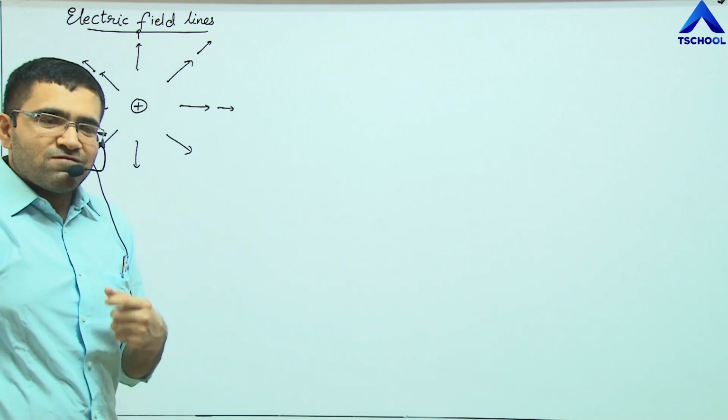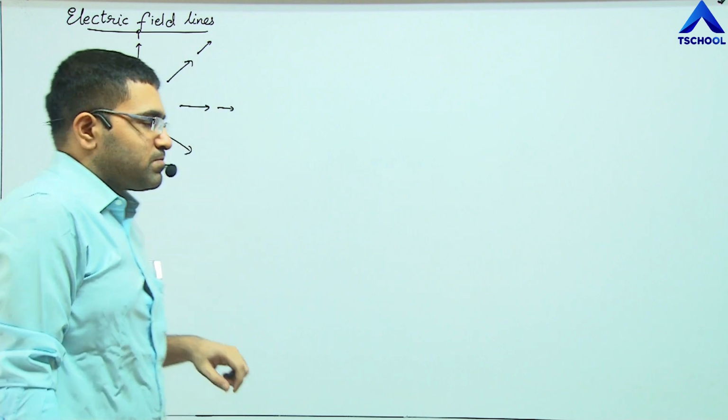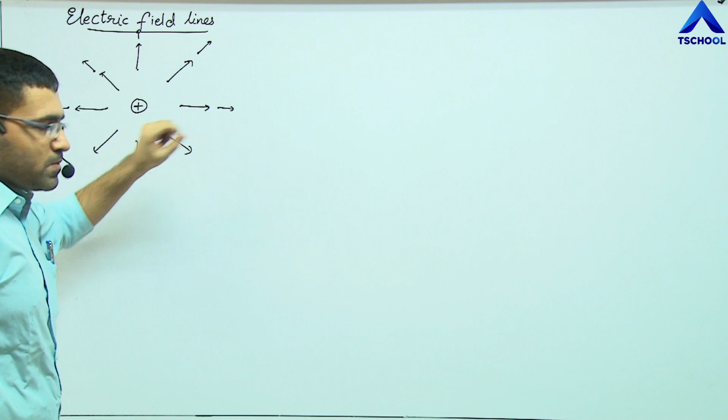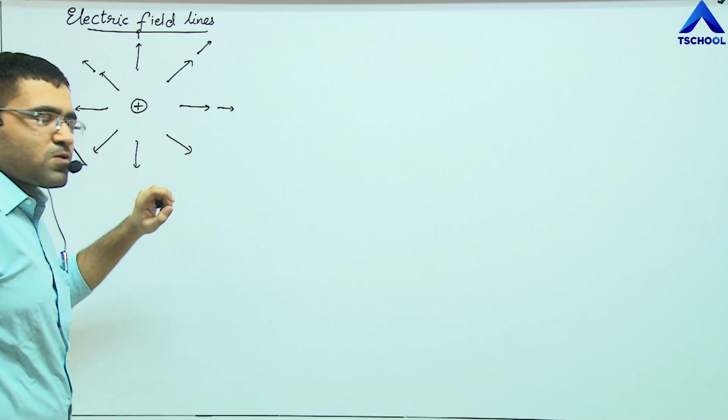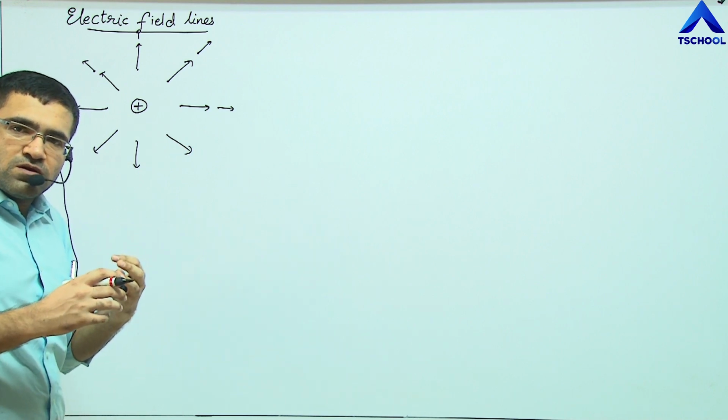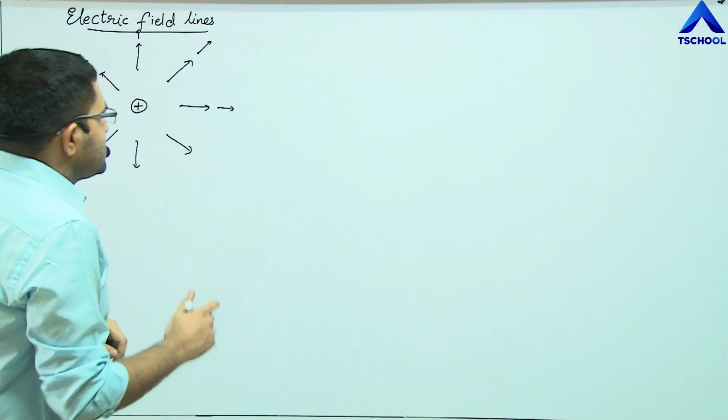Now, electric field lines is a related concept. If you think about these arrows and join them to make a curve, what do I mean?